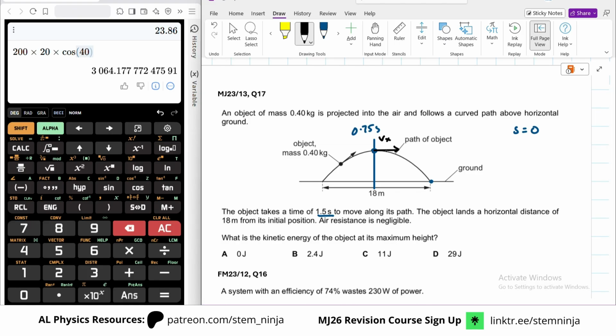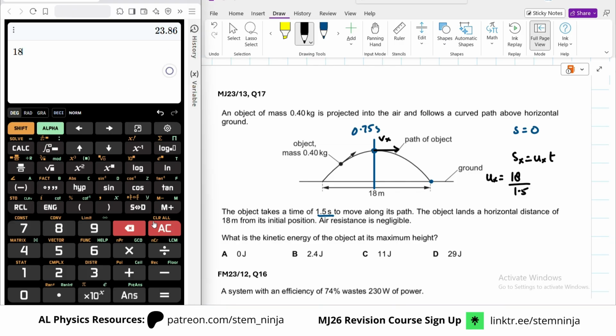So we just need the horizontal velocity. Sx is equal to uxt. So 18 meters divided by time 1.5 is your horizontal velocity. 18 divided by 1.5 is 12.